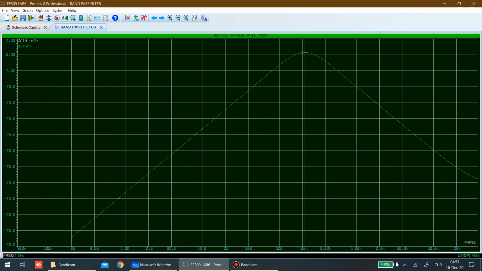Here's the maximum gain. And here's the frequency. It is approximately equal to the result of the formula.